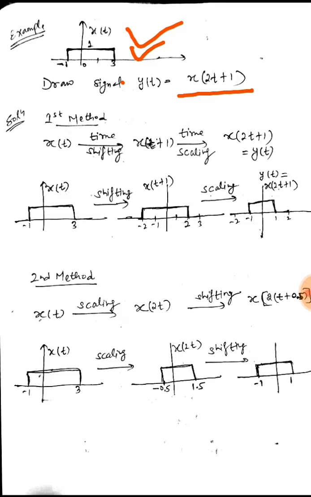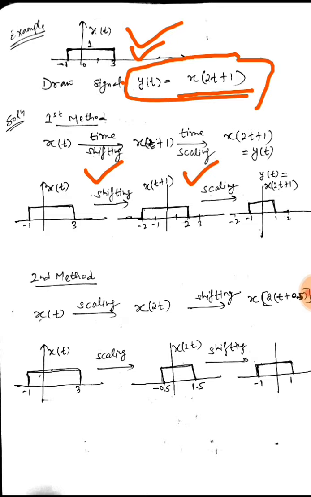These signals require two operations, time shifting and time scaling as well, because we can see 2 is multiplied and plus 1 is added. First we can perform time shifting, and then time scaling.